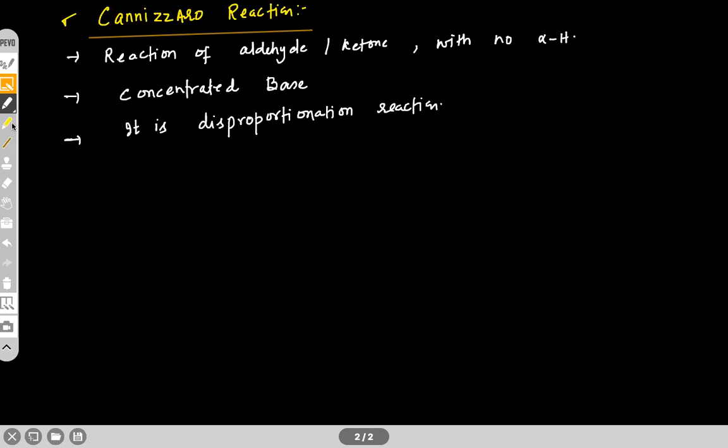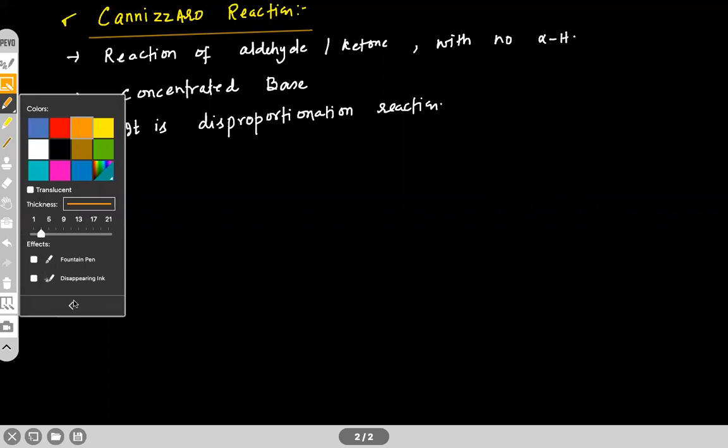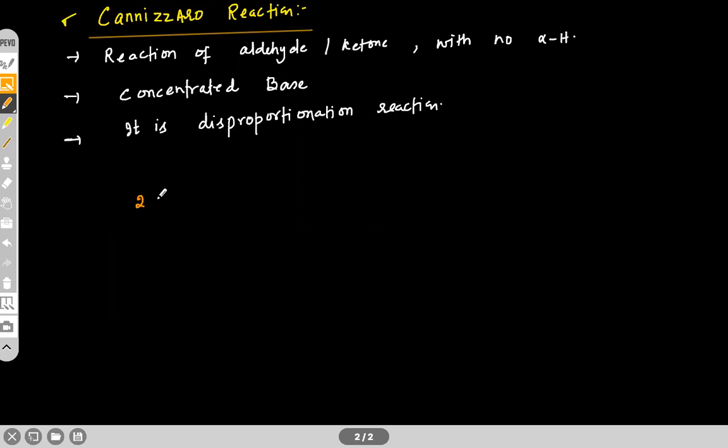So for example, if you have two molecules of formaldehyde, HC double bond OH, so obviously there is no alpha hydrogen present in this.